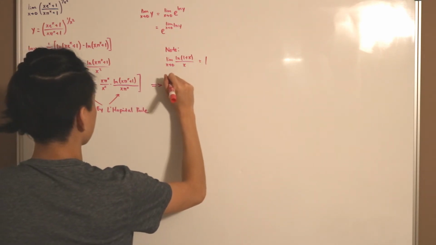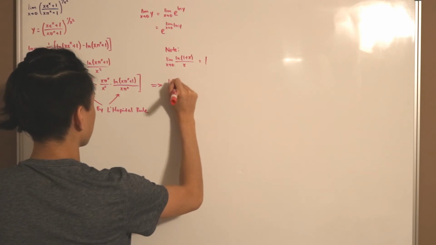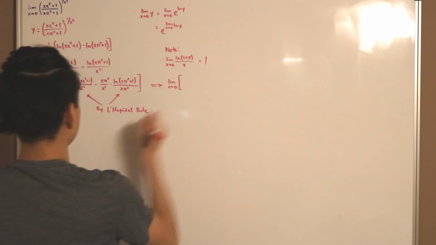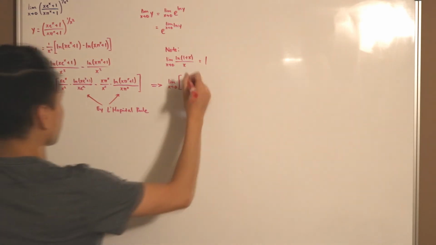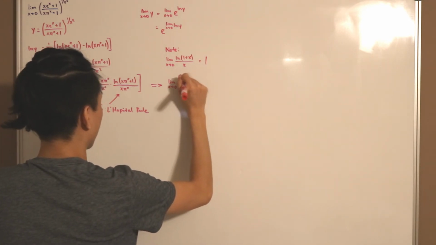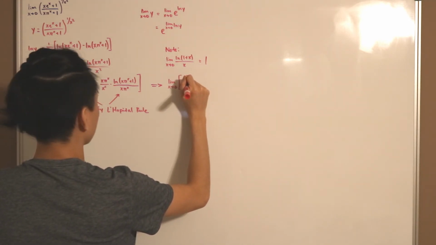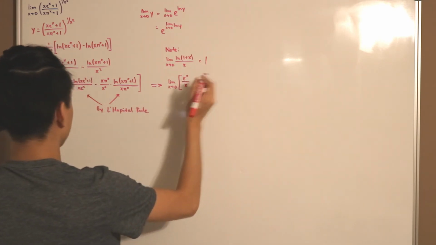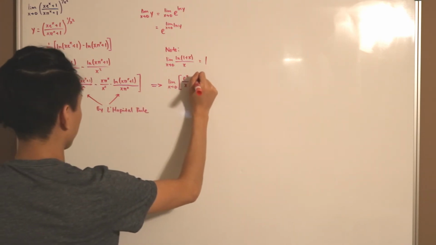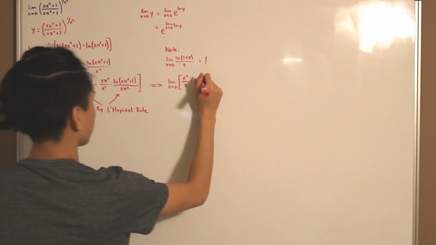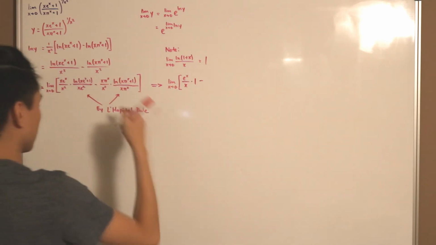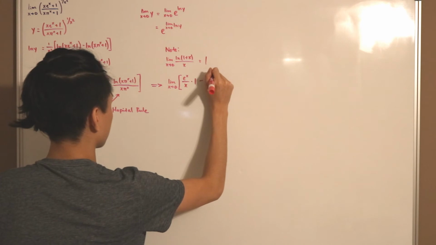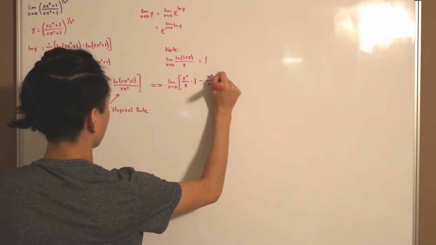We rewrite this as the limit as x approaches 0 of, the x's cancel out here, so this is just e to the x divided by x, and then multiply by 1. Then minus, x's cancel out, so it's just pi to the x divided by x times 1.